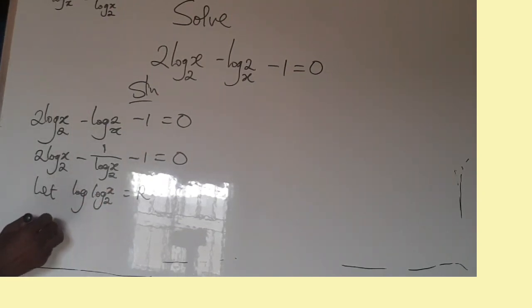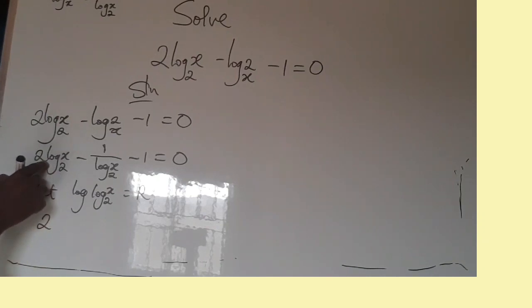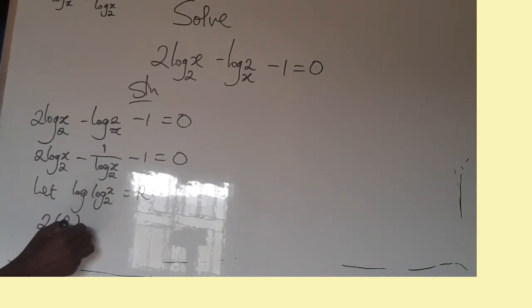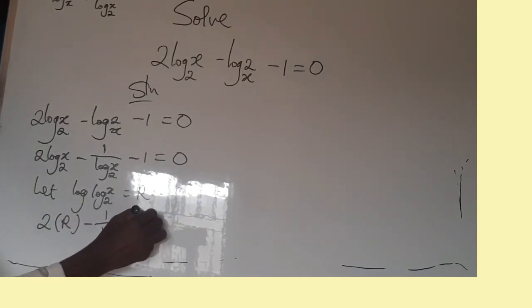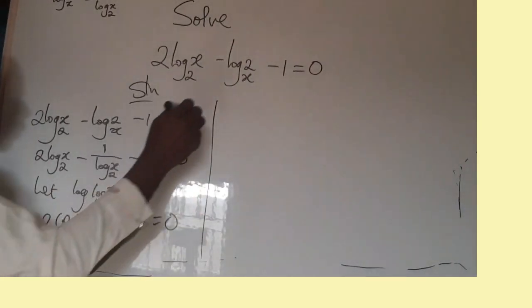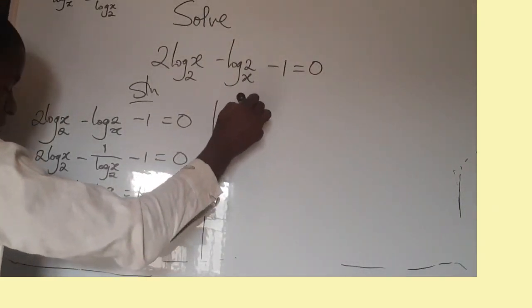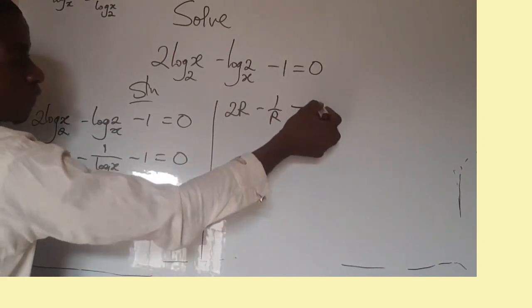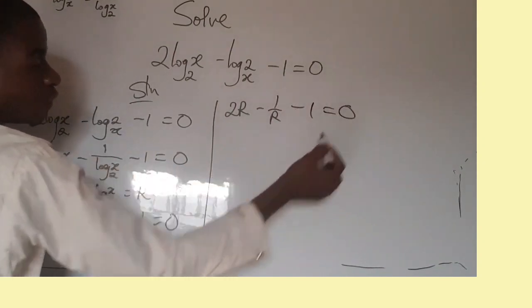From there we have 2 times r, close bracket, minus 1 over r, minus 1 equal to 0. Okay, so from here we can just have 2r minus 1 over r, then minus 1 equal to 0.